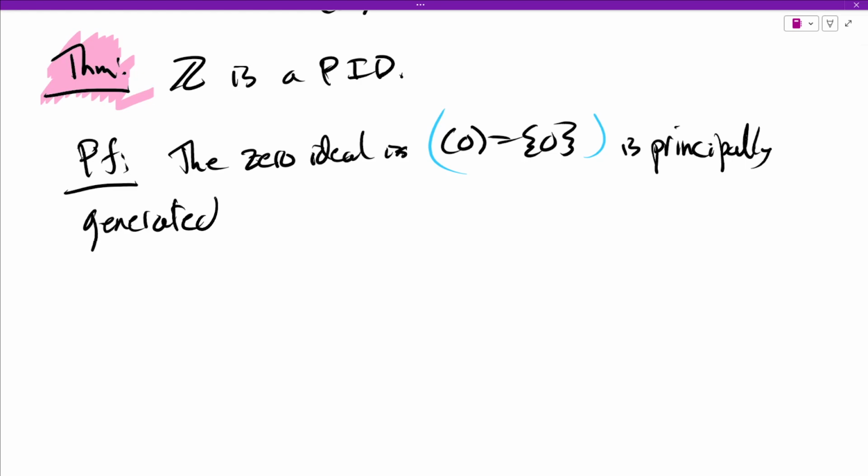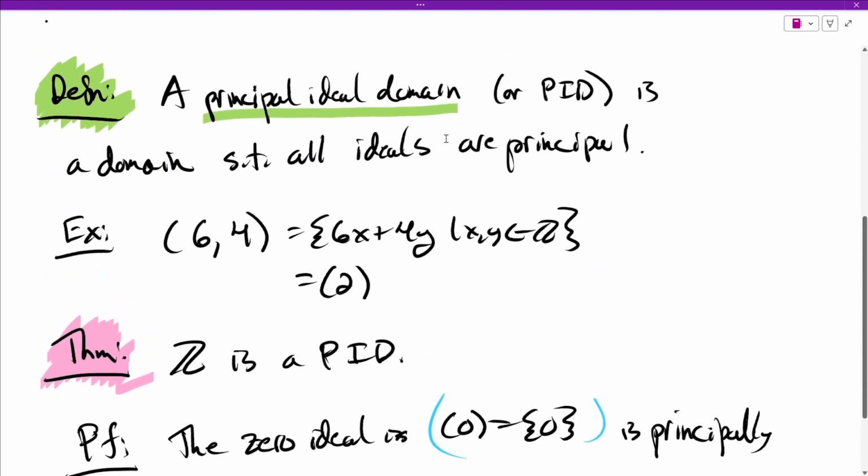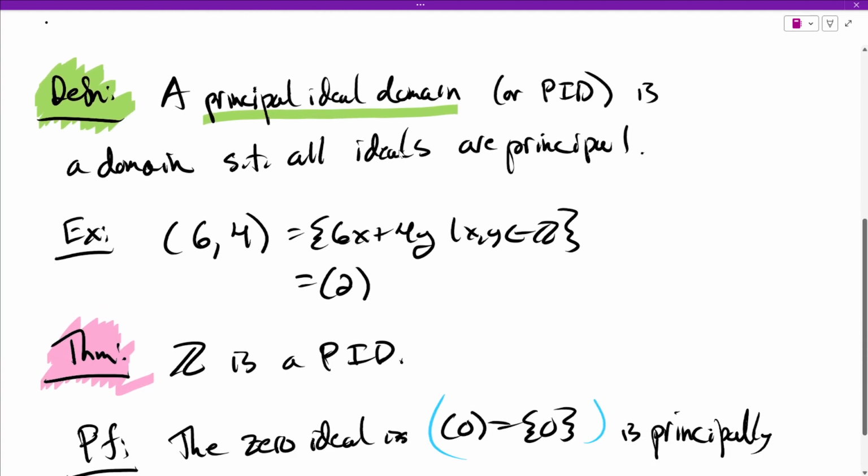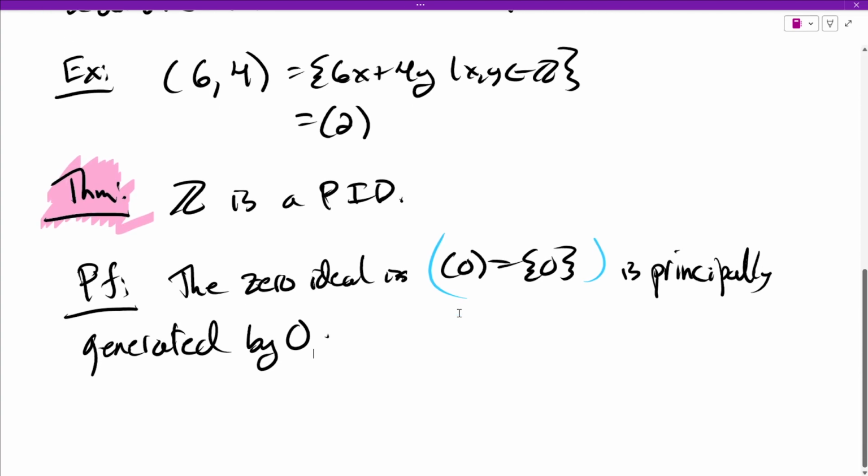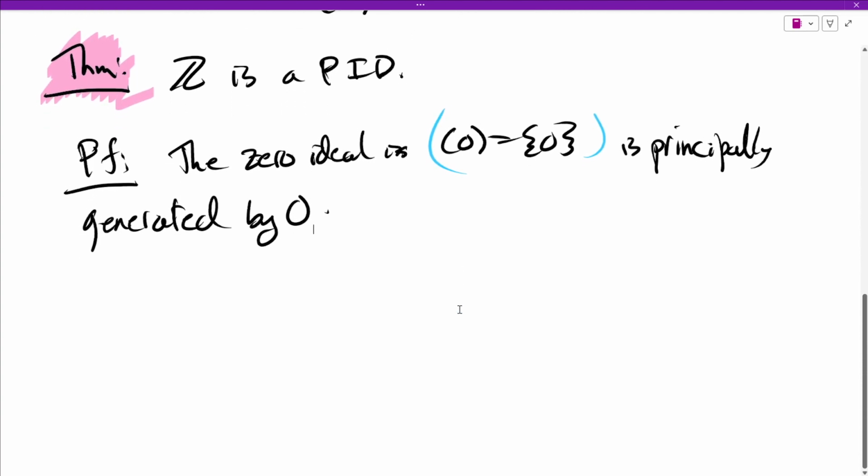This tells us that if we have an ideal that we want to show is principally generated, we can assume it's non-zero. It's got a non-zero element in it. When you show something is a PID, technically we need to include the zero ideal, but the zero ideal is always principally generated by zero. So in the definition of PID, we could even say all non-zero ideals are principal, because the zero ideal is always principal. But nevertheless, we've written it out.